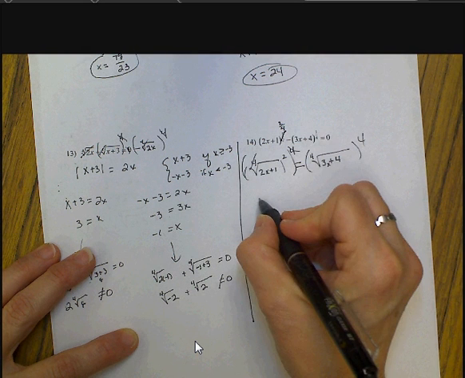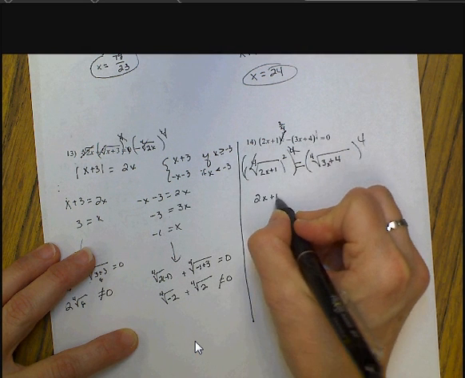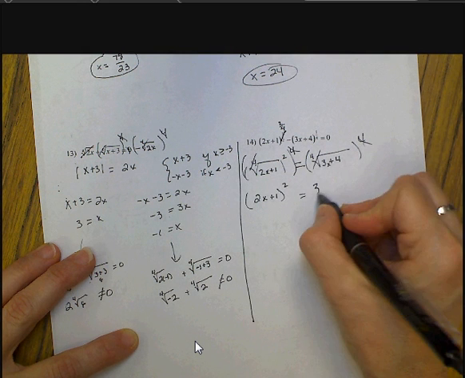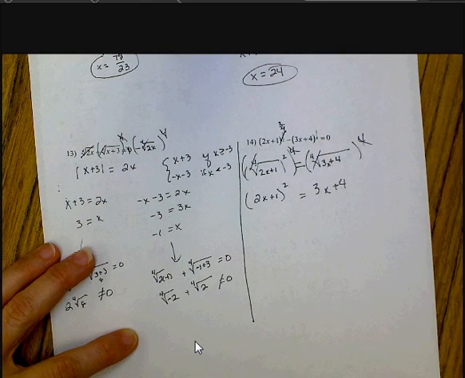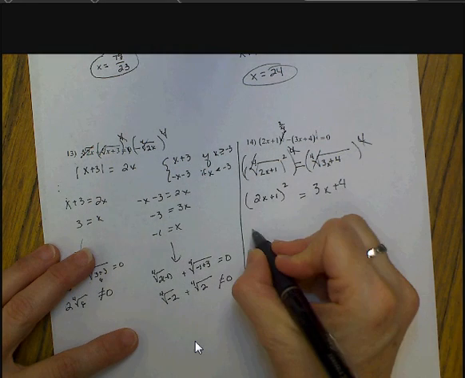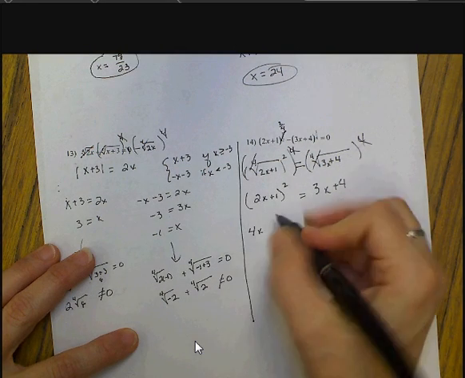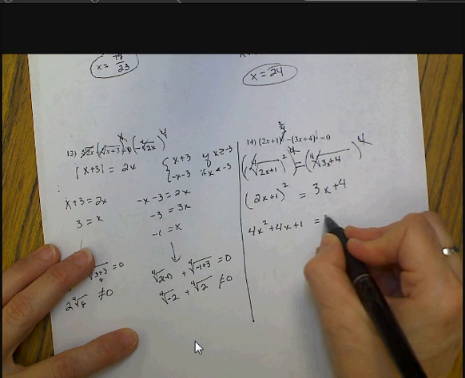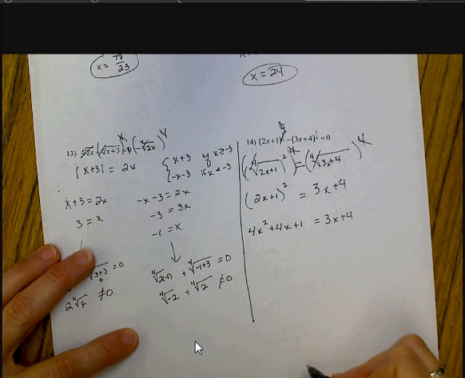So I will get 2x plus 1 quantity squared. Over here though, I just get 3x plus 4. I am going to have to multiply those out. When I do that, that's going to give me 4x squared plus 4x plus 1. 3x plus 4 is the right side still.